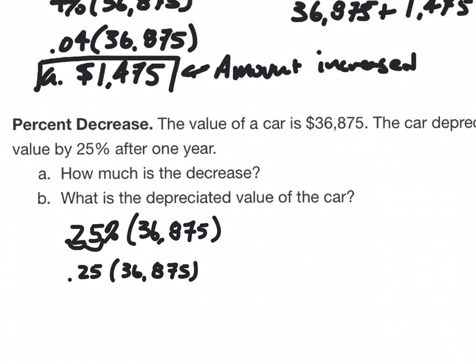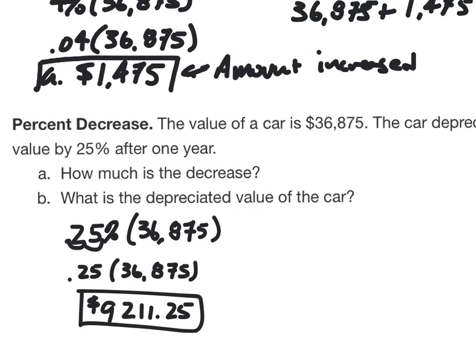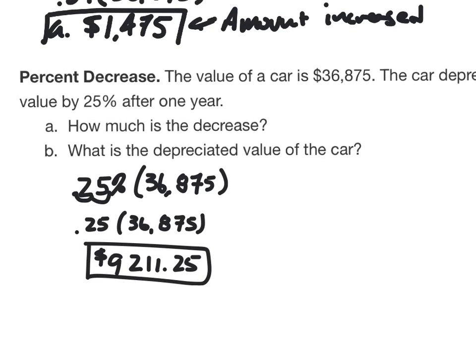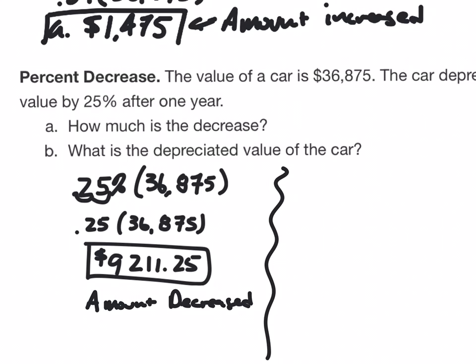That's going to be $9,218.75. Okay, and this number represents the amount decreased. Then it says what's the depreciated value of the car.